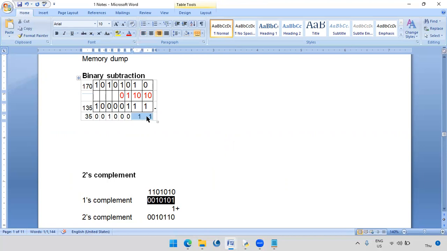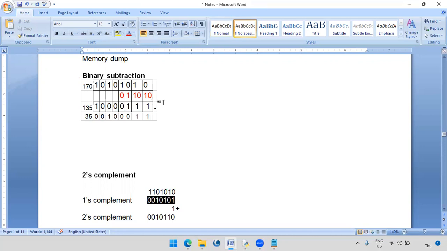So then what do you do? You borrow from the other one. This column, next column, you borrow 1. What happens to this 0? It becomes 1, 0. Remember, I told you, this becomes 1, 0. From 1, 0, you can deduct 1, and the answer is 1.